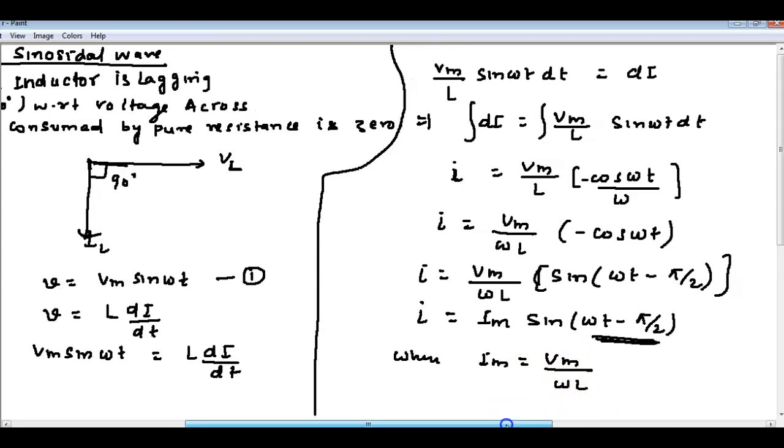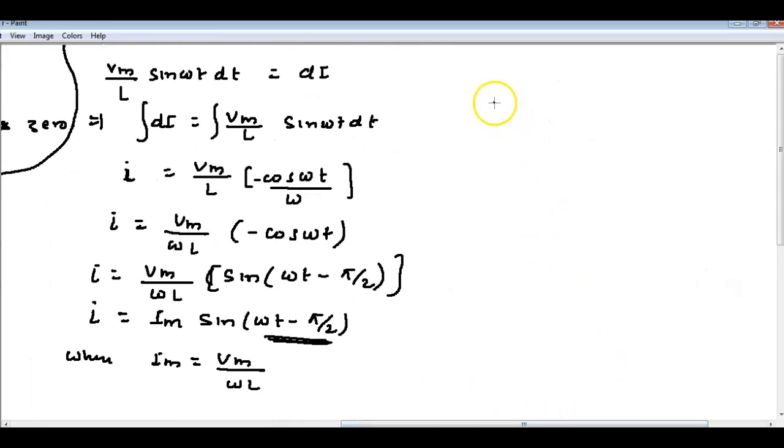Actually it is the inductive reactance. This omega L is also called XL, the inductive reactance.